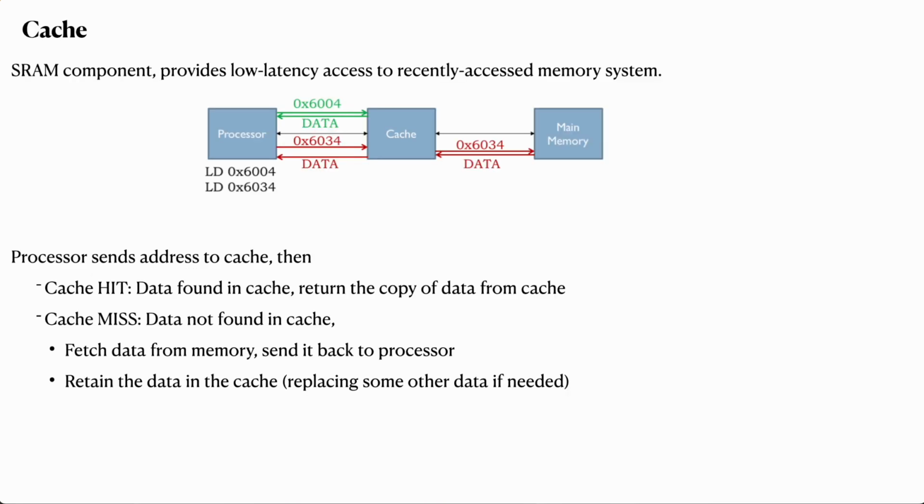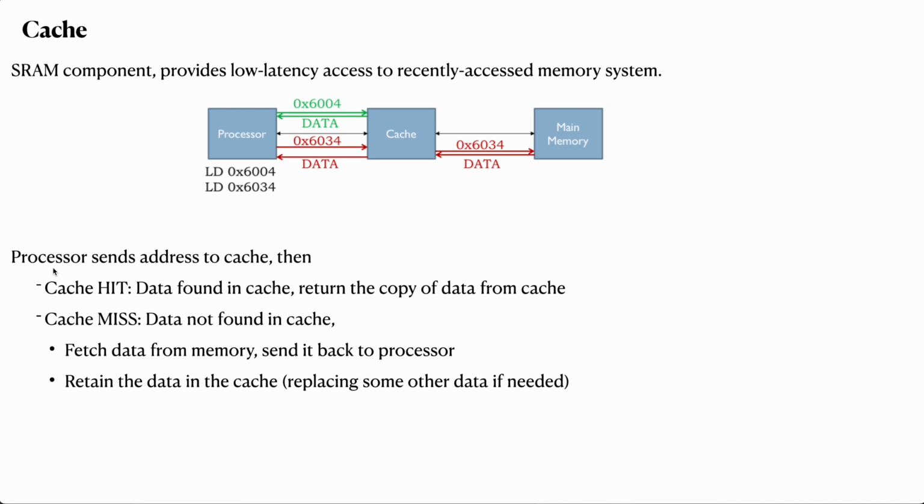And cache. Cache is an SRAM component, and the main purpose for it is to provide low latency access to recently accessed memory. Here, we have processors, we have cache, and we have main memory.